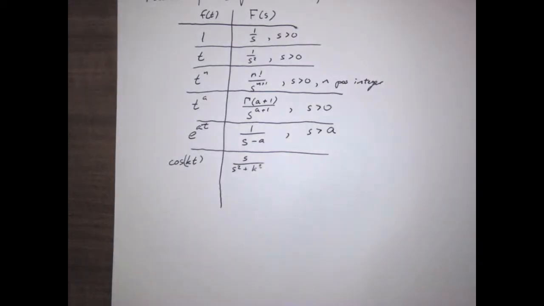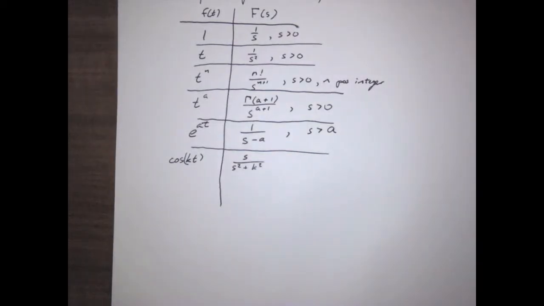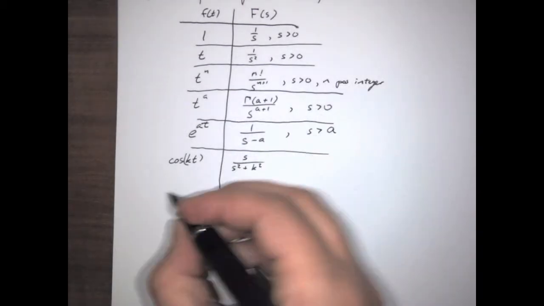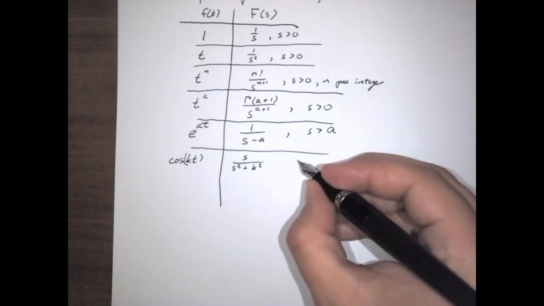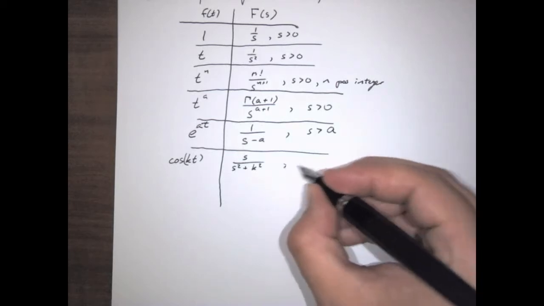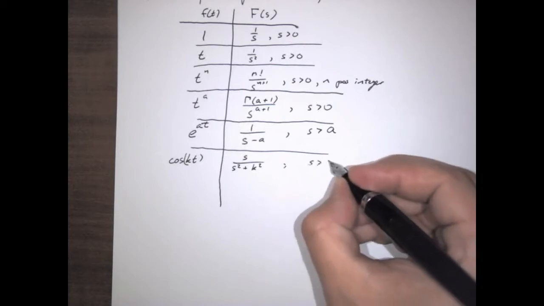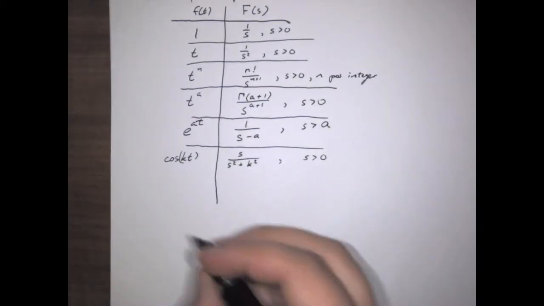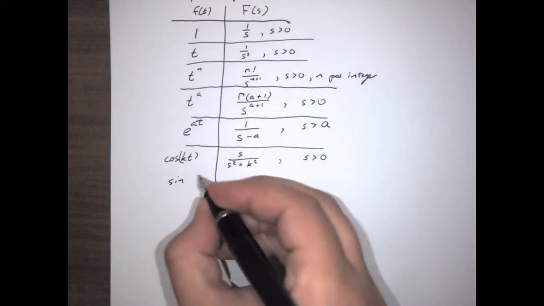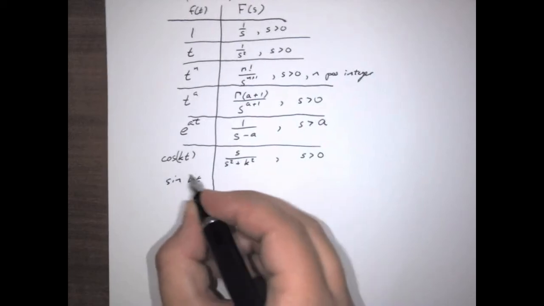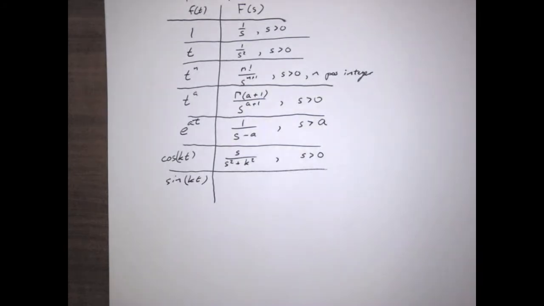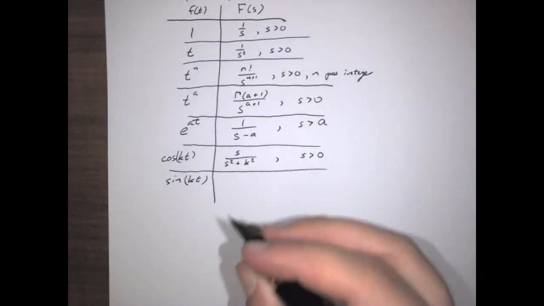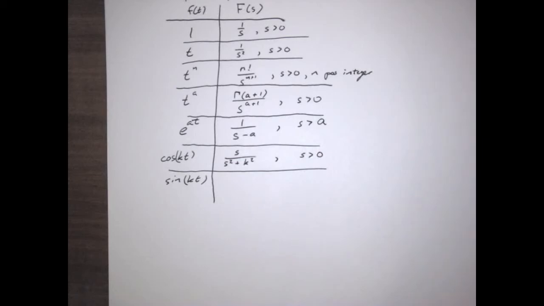And then if we have, on the other hand, and here specifically we wanted s to be greater than 0, sine kt, then what we're going to have.